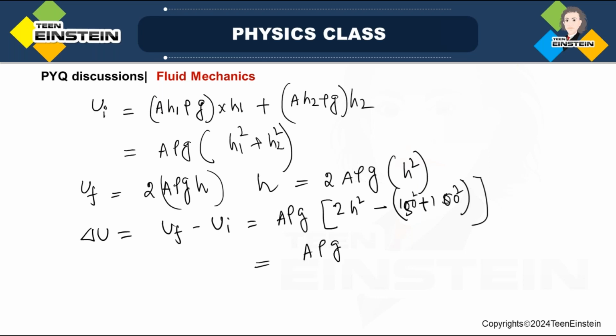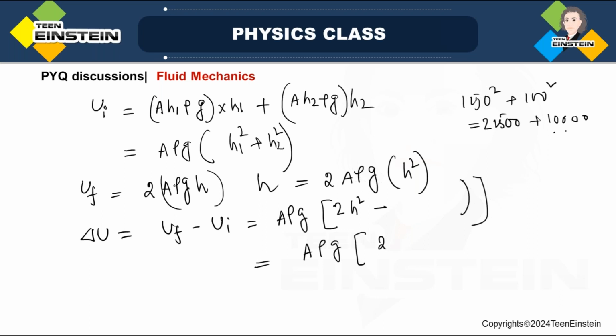A rho g, let it be 2. This 2h square is actually 2 into (h1 plus h2) by 2 whole square. I think I can go with this directly. I can put the values. So h1 square plus h2 square, 150 square plus 100 square. So this is 225 plus 100, this is a big number, 32500.